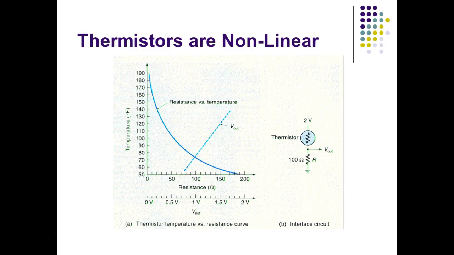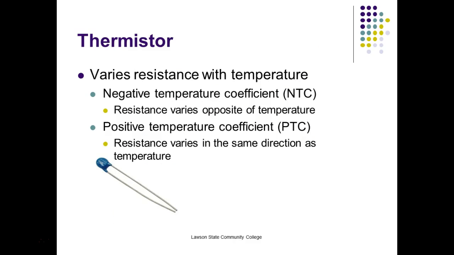So the problem with the thermistor is the thermistor is nonlinear. First of all, it varies its resistance with temperature. But electronics don't look for resistance. Electronics looks for one of two things. It looks for a varying voltage, which causes a variation in current.